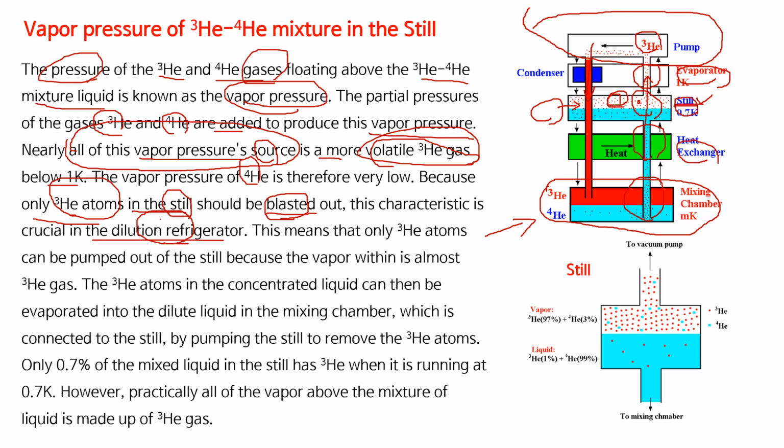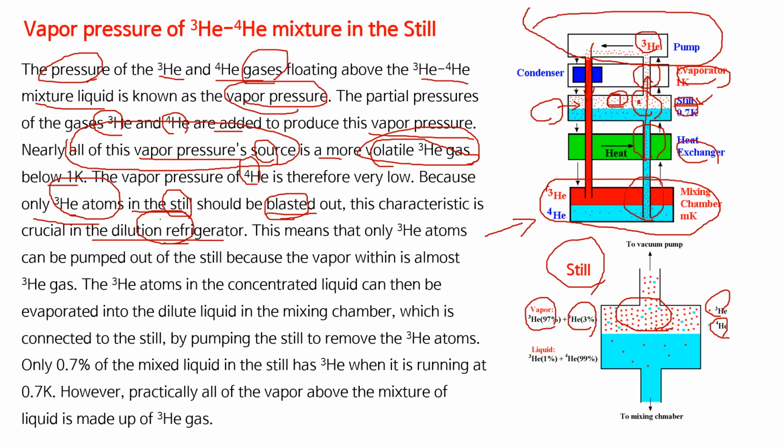So in the still, let's see the still. In the still, the gases are composed of helium-3 and helium-4, but the helium-4 is very small. The amount of helium-4 is very small compared with the amount of helium-3.